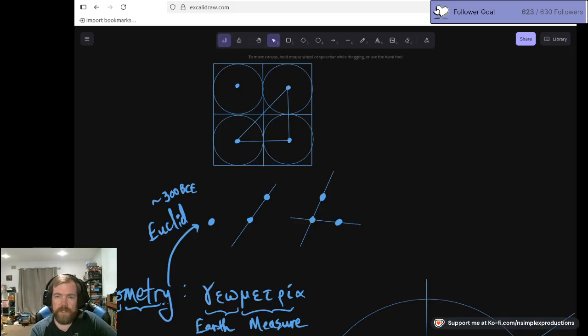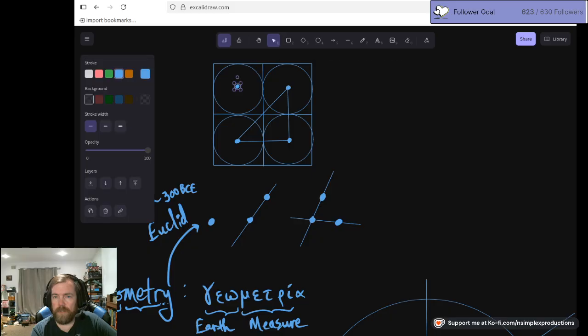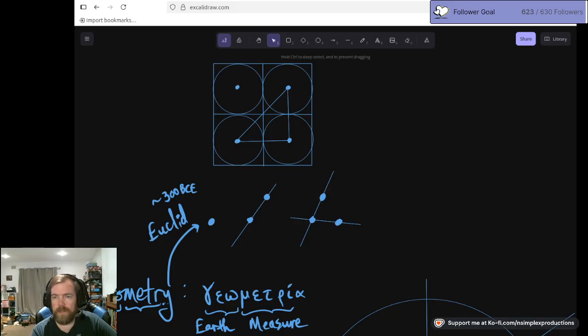It had something like this on it that was like, find the ratio of the areas of the triangle to the circles, and then from the circle, like all four circles to the whole square.